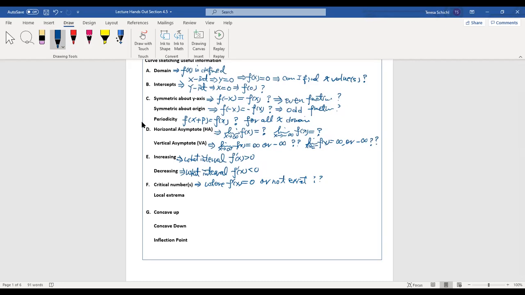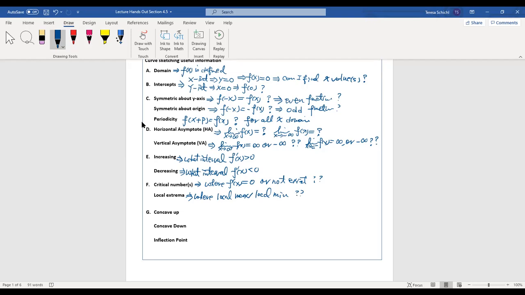Okay, and then based on our first derivative or second derivative test, I want to take a look at the local extrema. That means where can I find the local max and the local min? So based on my increasing, decreasing here.